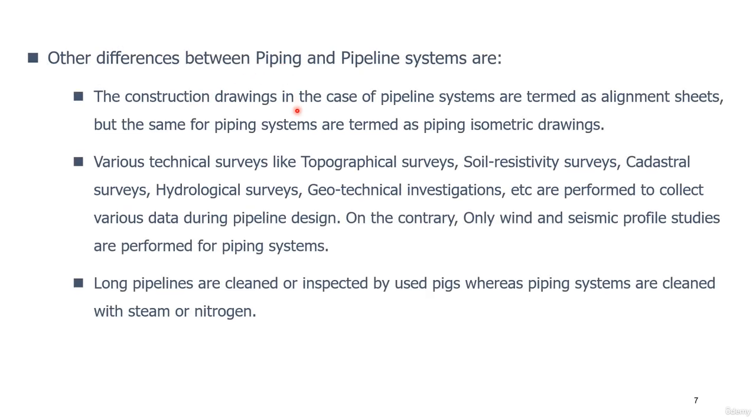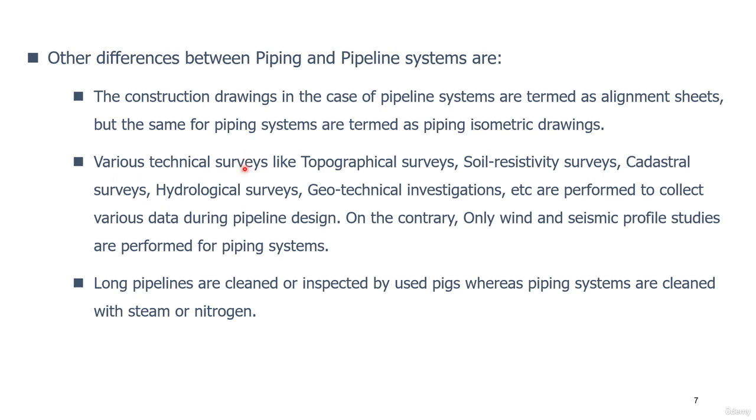The construction drawings in the case of pipeline systems are termed alignment sheets, whereas for piping systems, the construction drawings are termed piping isometric drawings. This means a pipeline system is constructed at site from alignment sheets, whereas piping systems are constructed at site from piping isometric drawings.